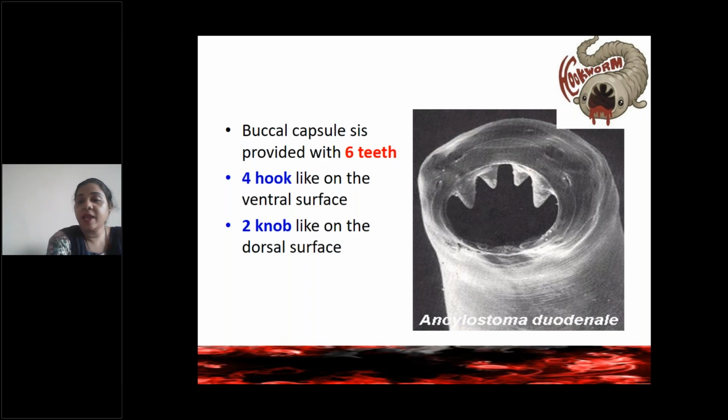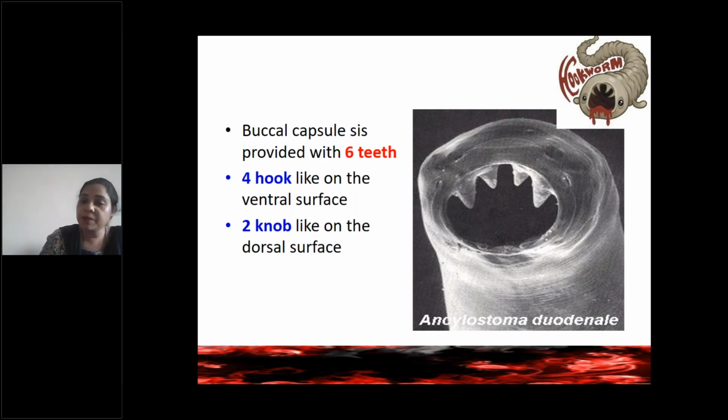Please see the diagram here. Can you see on the top 4 hook-like teeth are there? So 4 hooks are present on the ventral surface, and down, 2 knob-like teeth are there, present on the dorsal surface. Got it?